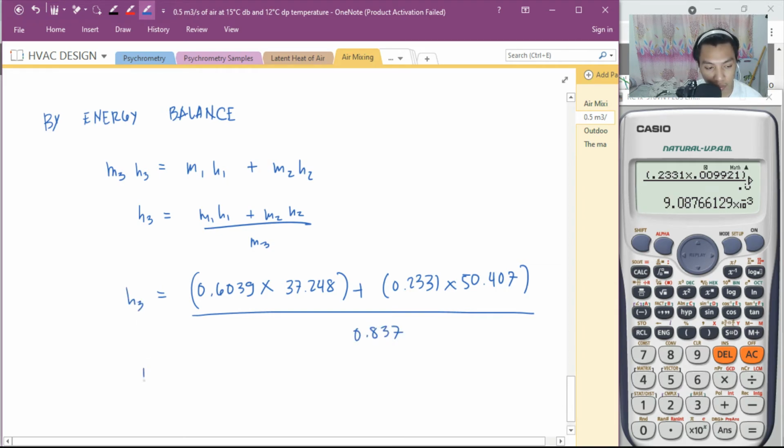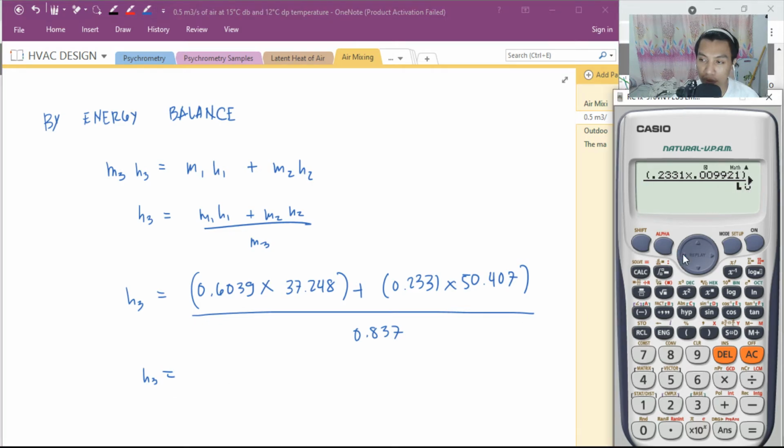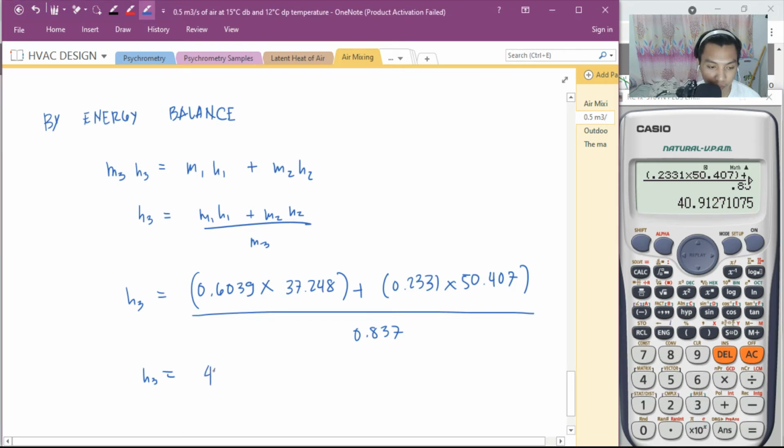So, H3 now will be, ulit-ulit lang na algebra to eh. 0.6039 times 37.248 plus 0.2331 times 50.407. Yun. 40.9127 kilojoule per kilogram. Okay, nasolve na natin si letter C.